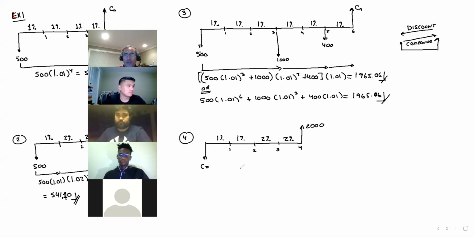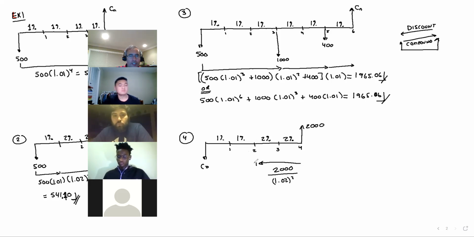So what I need to do is bring my $2,000. Well, there's a change in interest rate. So if I move the $2,000 up to here, this is going to be 2,000 discounting down 1.02 to the power 2, correct, guys? 1 period, 2 periods.